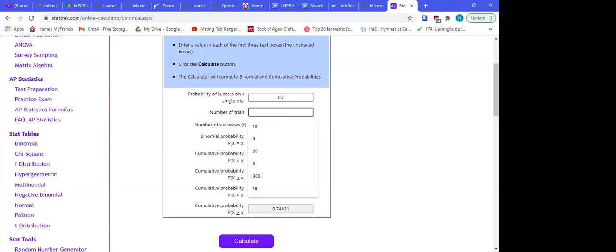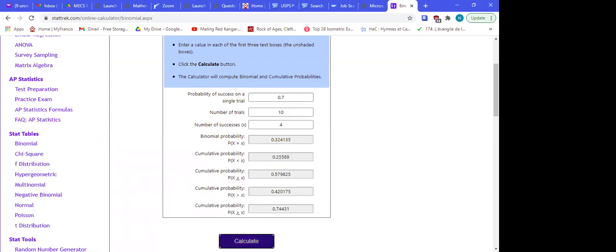So I will make it now 10. Does it work at 10? Probability that x is less than 4. Is it less than 0.05?